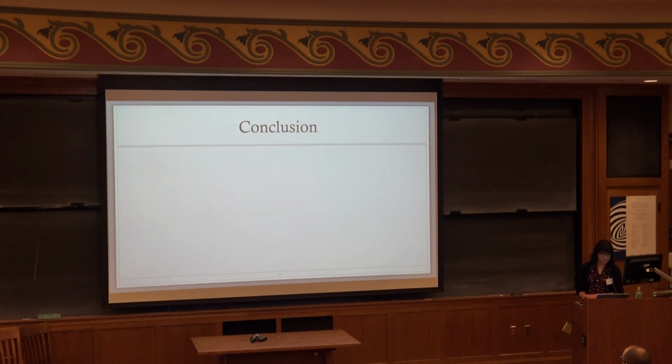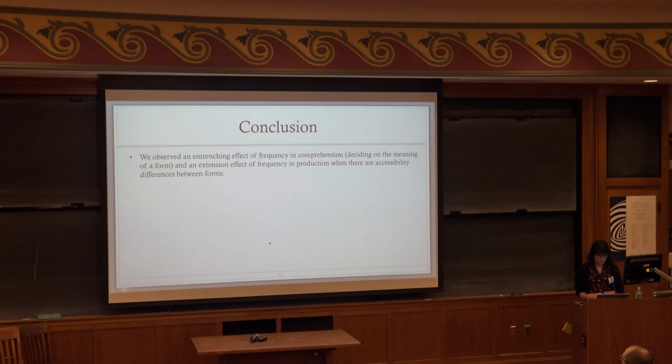So I'll go over some theoretical claims that we are making based on this data. We found this comprehension-production dissociation, where there's an entrenching effect of frequency in comprehension, but an extension effect of frequency in production.